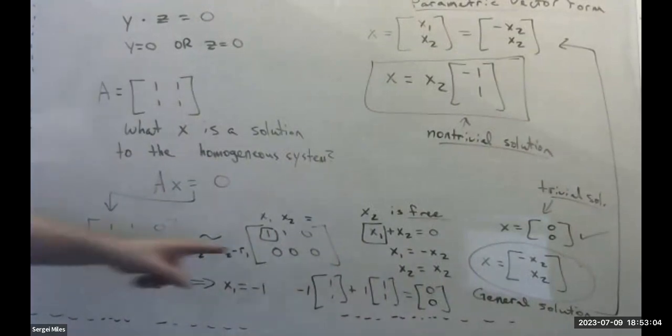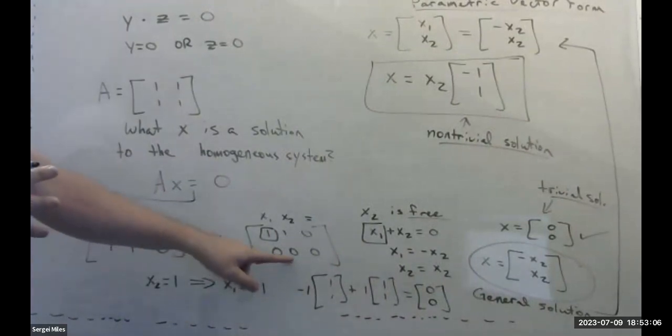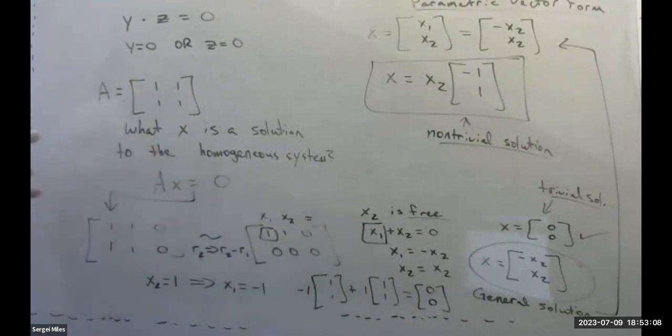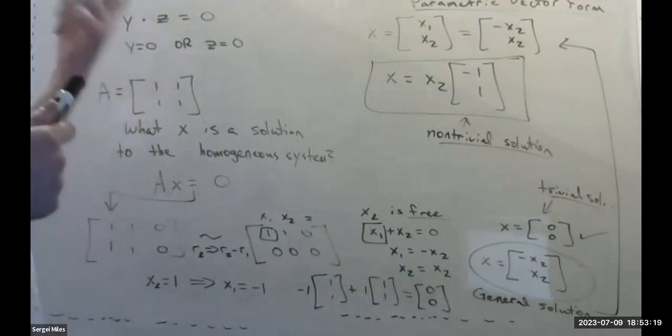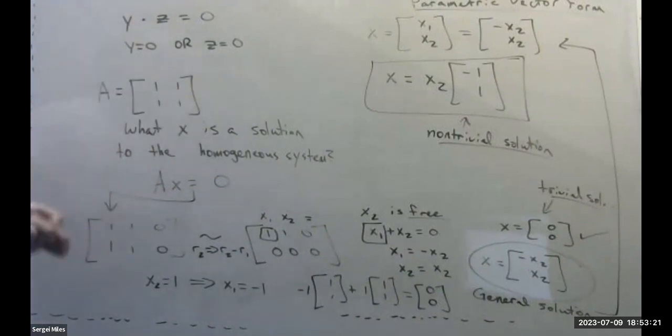Notice here, why were we able to get a non-trivial solution? It was because of this free variable. Because we had the free variable, that means one of my variables could be anything I wanted. It could also be not 0 then. But if I don't have a free variable, I'm not going to be able to have this flexibility.